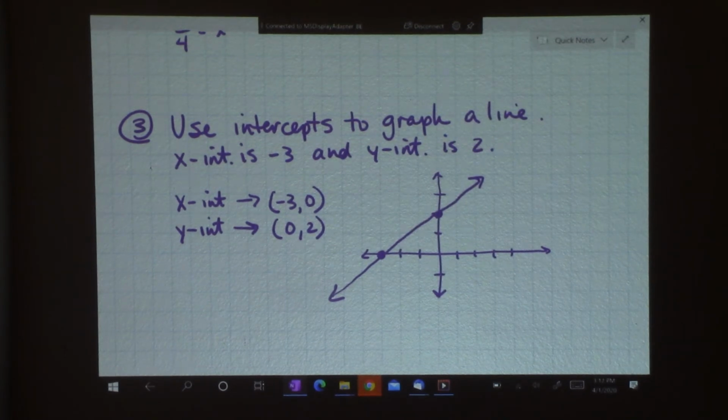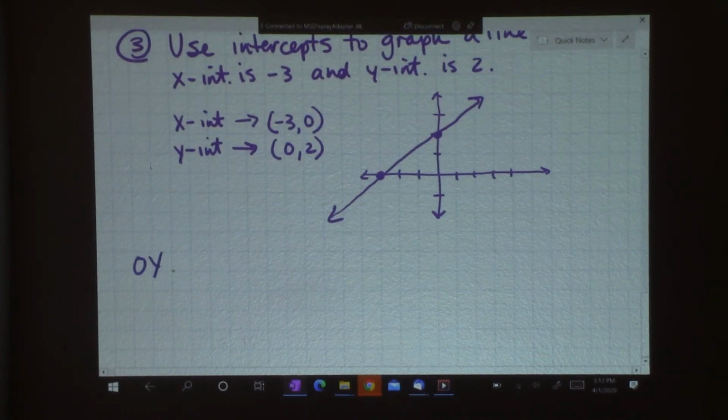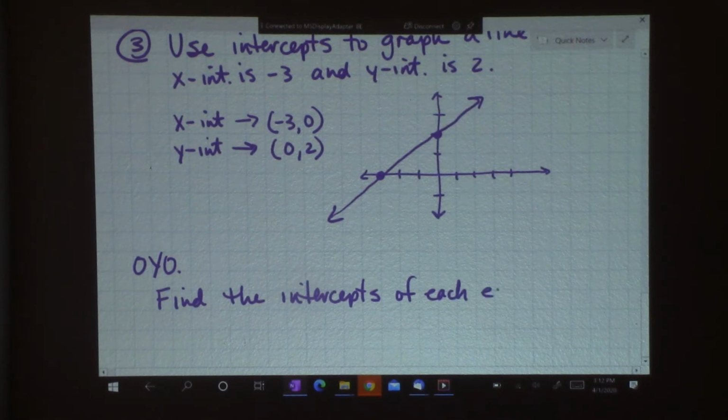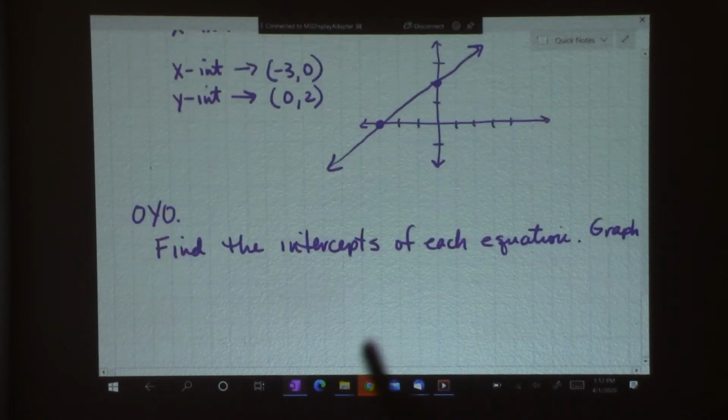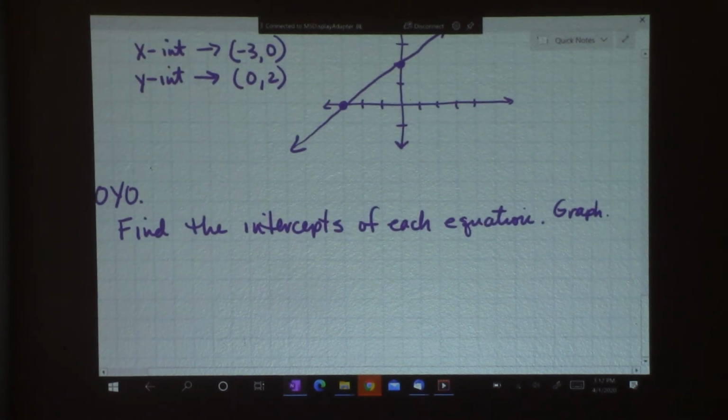Okay, I want you to do a couple of OYOs, practicing this. The directions are: find the intercepts of each equation and then graph.